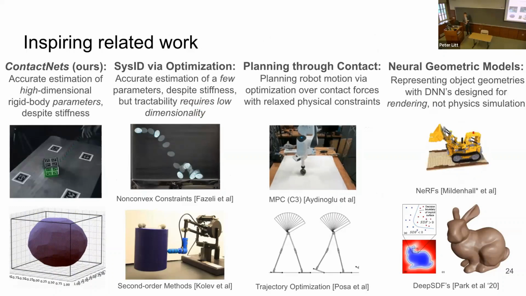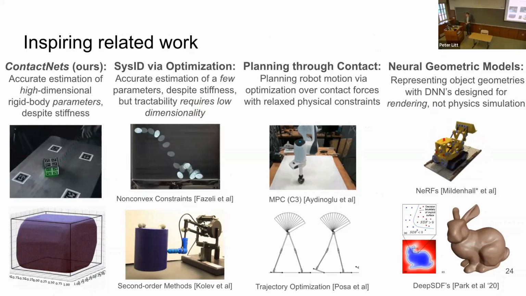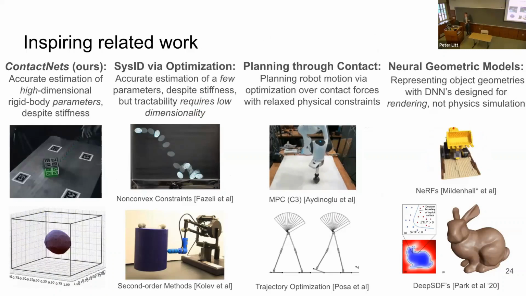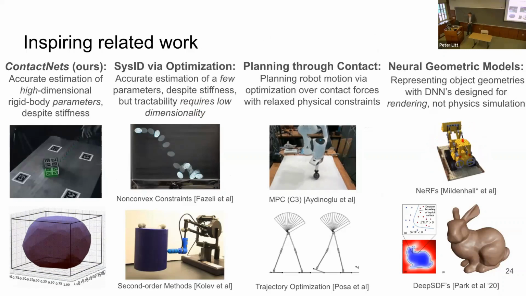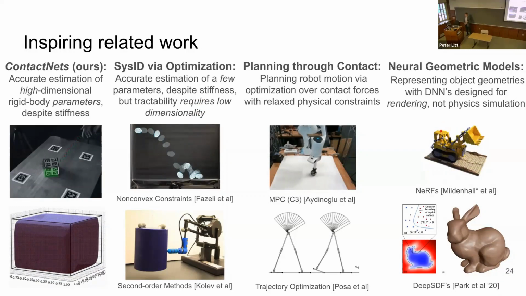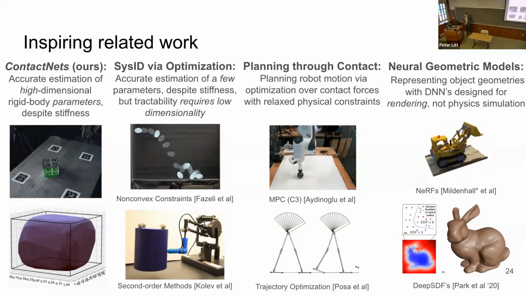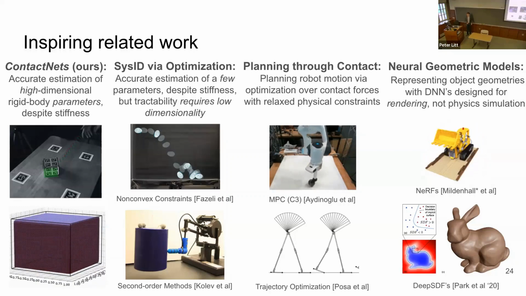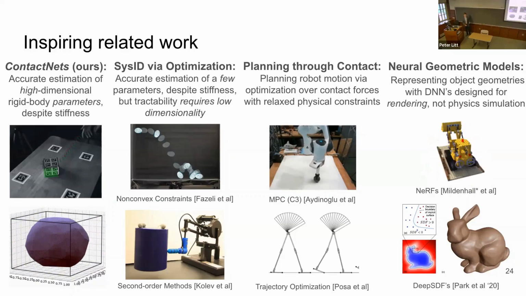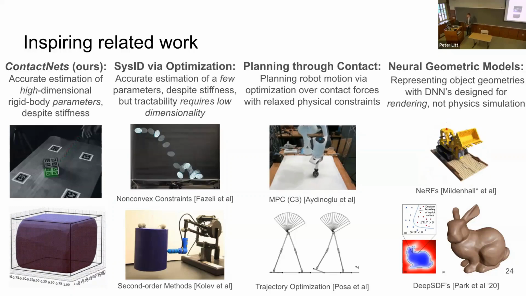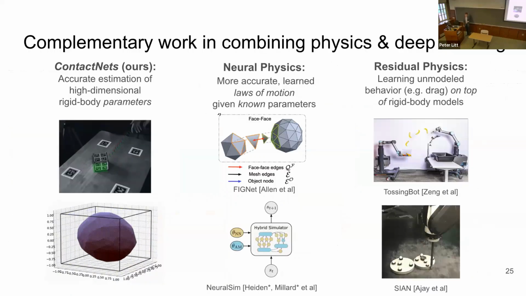And in terms of representing geometries with neural networks, we're also going to be borrowing some perspective from computer vision and graphics, in which neural networks were designed to render arbitrary geometries rather than physically simulate them. There are also a lot of other works than ours that are combining physical principles with neural networks and empirical modeling, and I just want to highlight a couple of them.